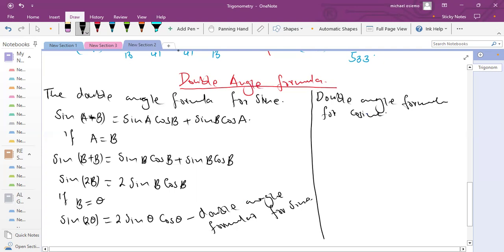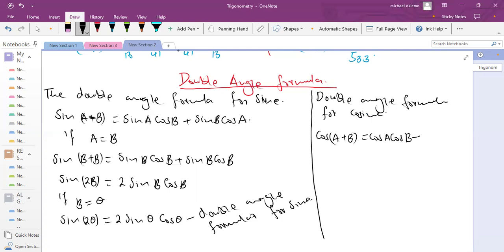Similarly, again, we have cos(A plus B) is equal to cos A cos B minus, remember we said in cos expansion, if this one is plus, then in between the two it is what? Minus. So it will be sine A sine B.